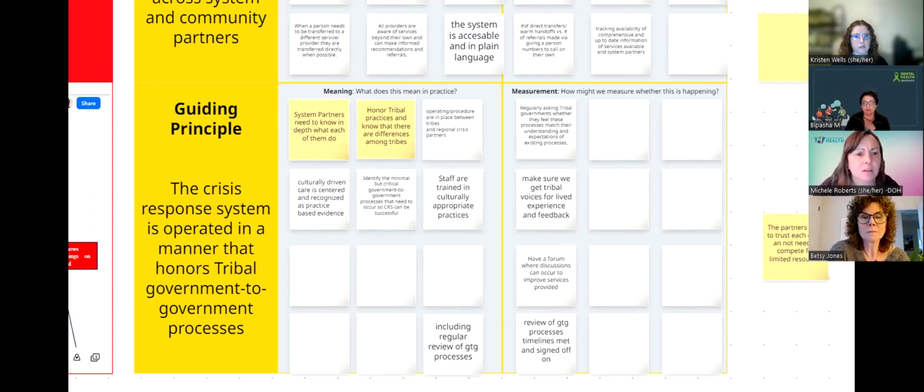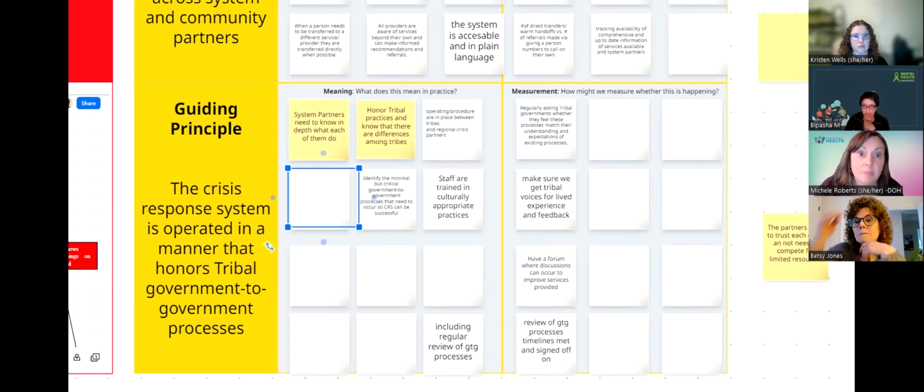Hey, Nicola, can I say something about the second one down, culturally driven care is centered and recognizes practice-based evidence? I heard you reframe that to evidence-based practices, but a lot of times tribes will talk about their work as practice-based evidence. Oh, so that was intentional. Thank you.